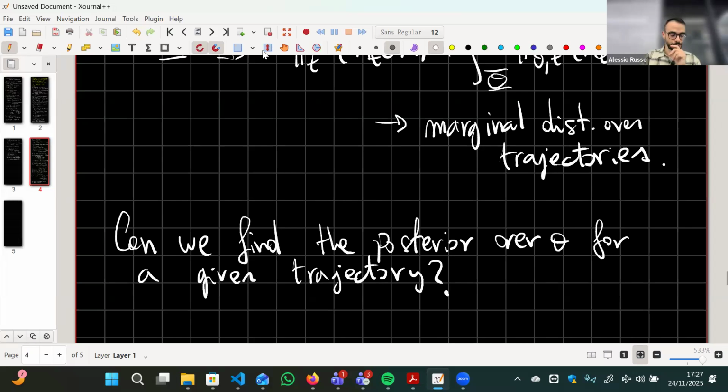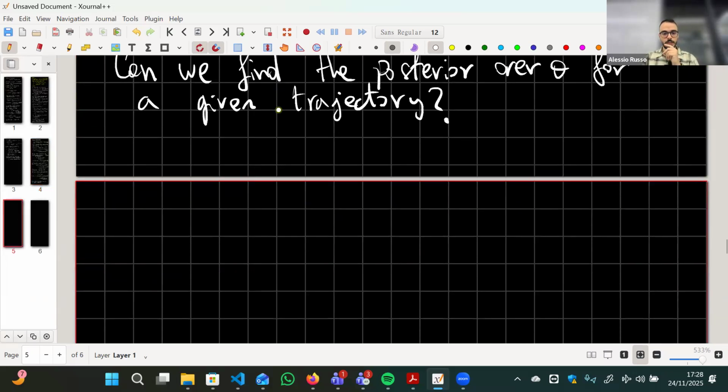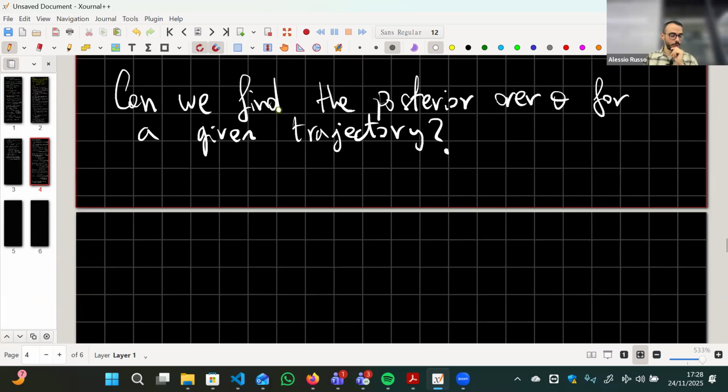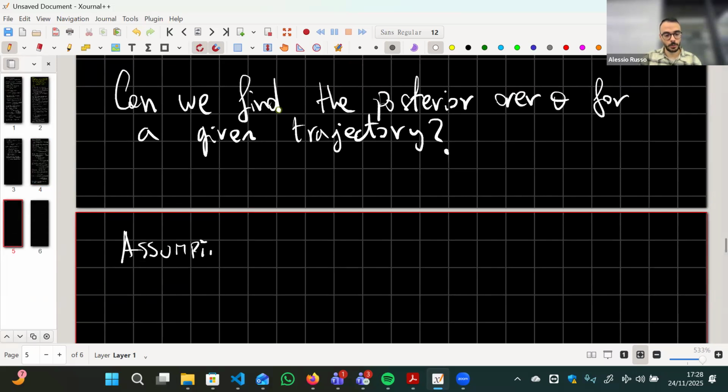This is one of the main issues: to show that this exists, and to show that we can find this posterior distribution and use it in a meaningful way, we need to make an assumption. The first assumption that we make is an assumption of domination.